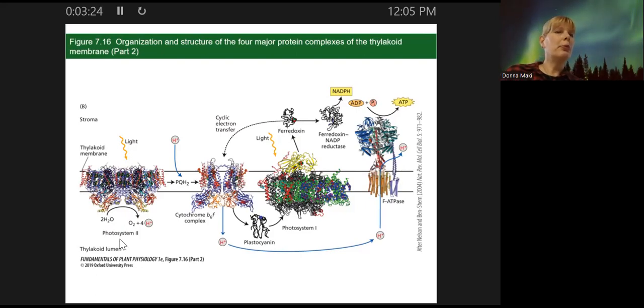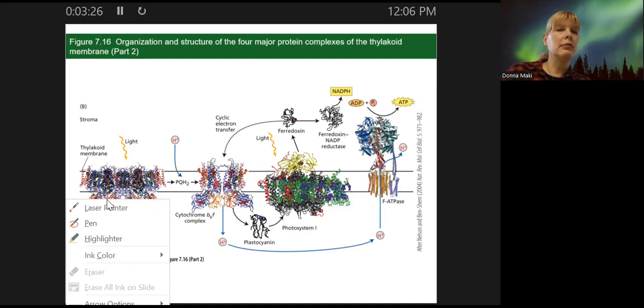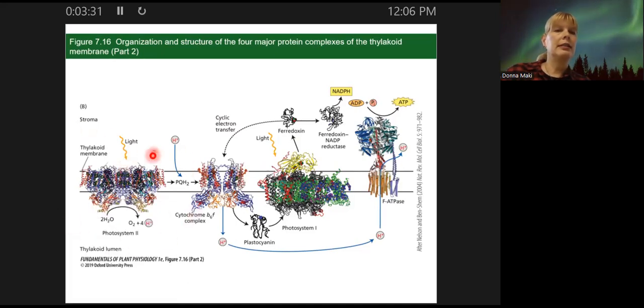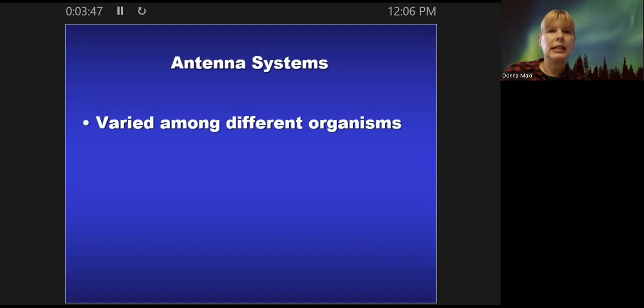So again, just trying to point out that these are really large complexes that span the entire width. All right, so they're pretty much fixed in place. They're not going to be moving around in any way laterally through the membrane. So that means we need mobile carriers to start carrying electrons from one transmembrane complex to another.